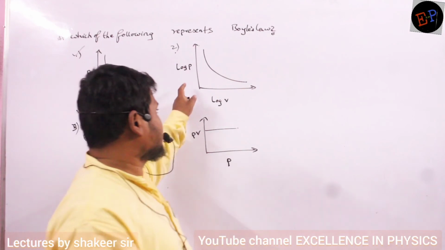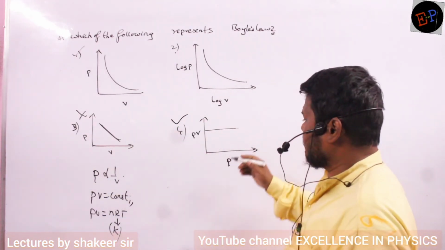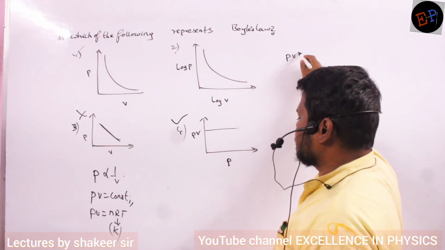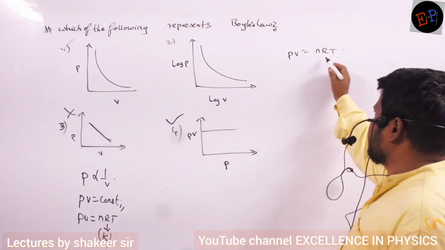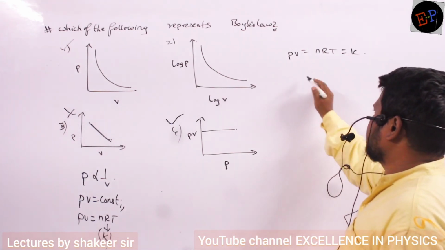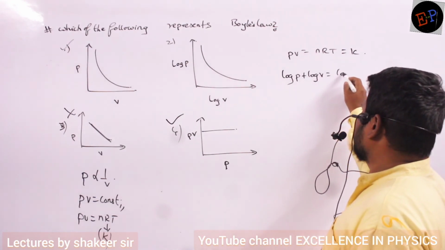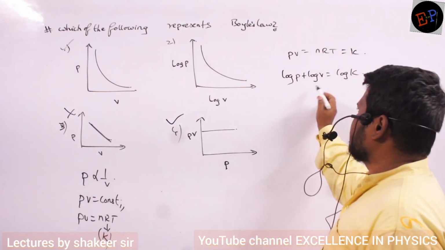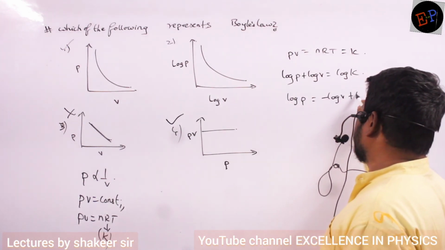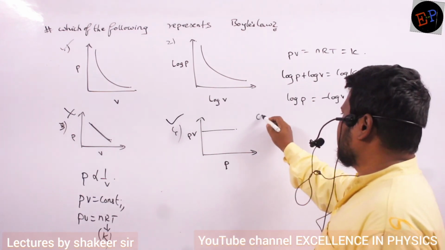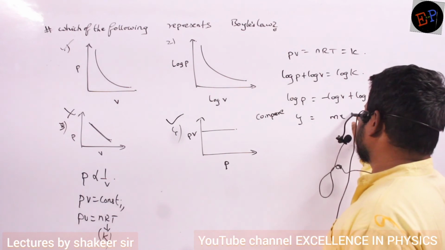Now let us go for this second graph. Here values are given in terms of logarithms. So we will also apply logarithms here. PV is equal to nRT, it is a constant. If I apply logarithms, log P plus log V is equal to log K. Same relation I can write as log P is equal to minus log V plus log K. Now we have to compare this with y is equal to mx plus c.